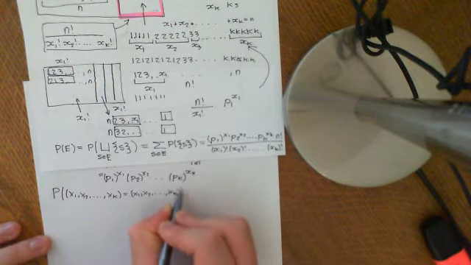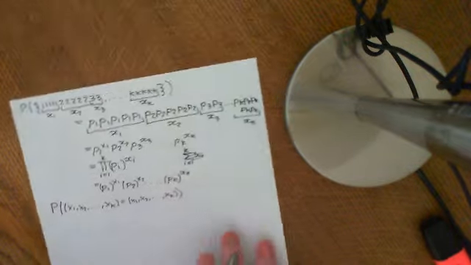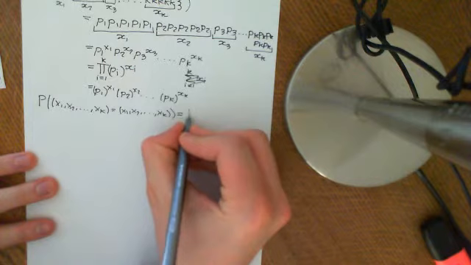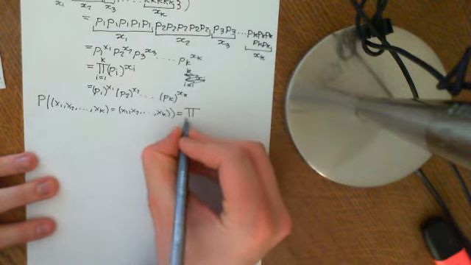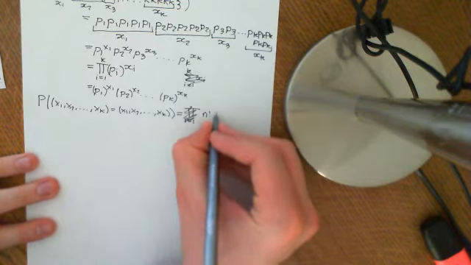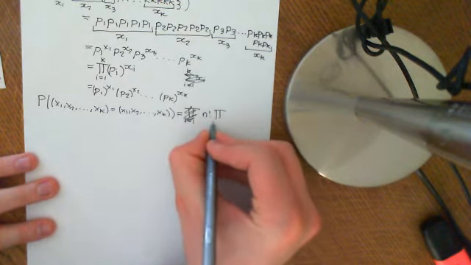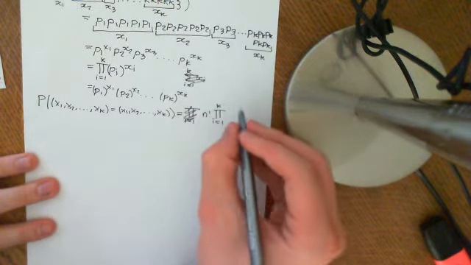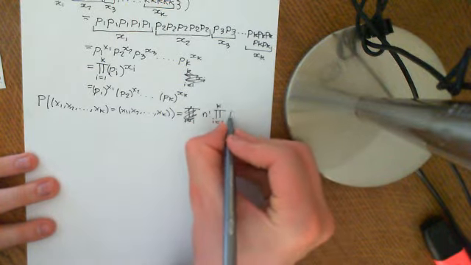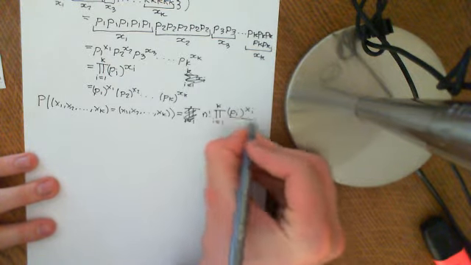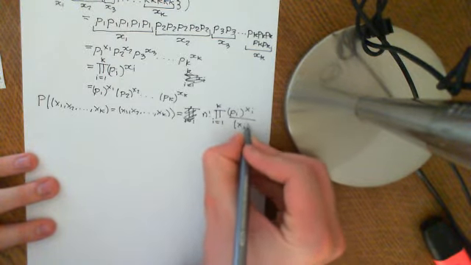So this is the PMF of the multinomial distribution, which is given by n factorial out the front, times the product, i equal to 1 to k, of pi to the power of xi divided by xi factorial.